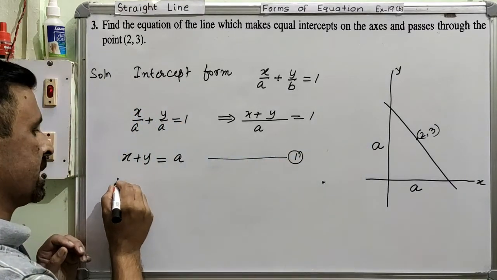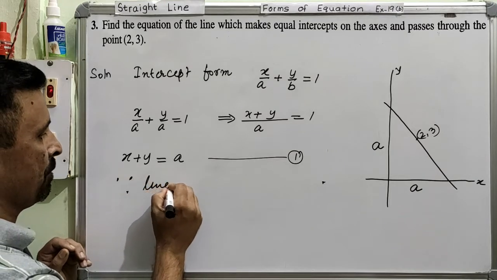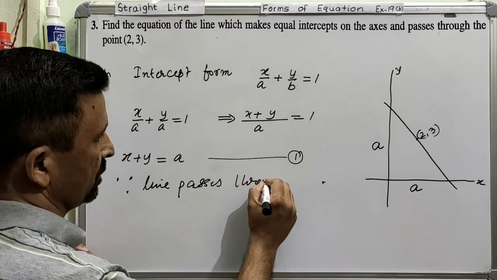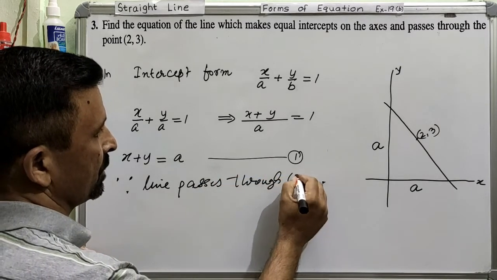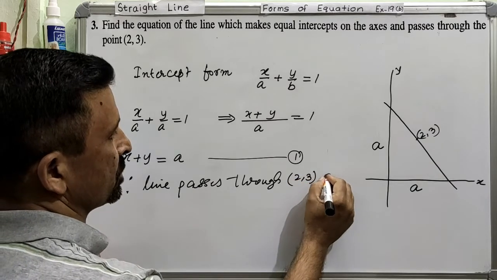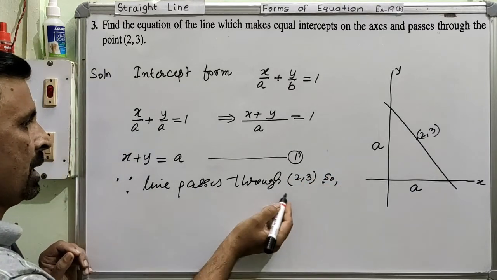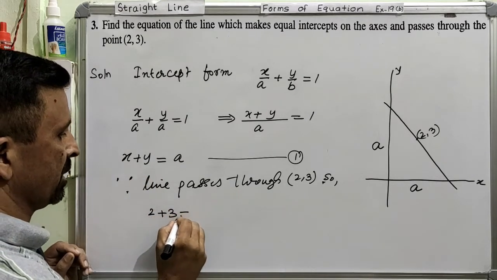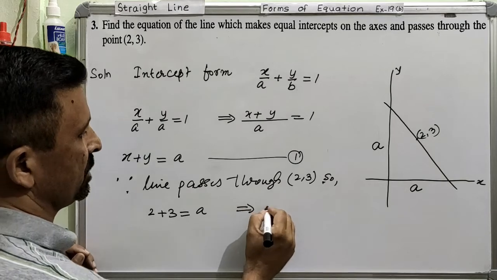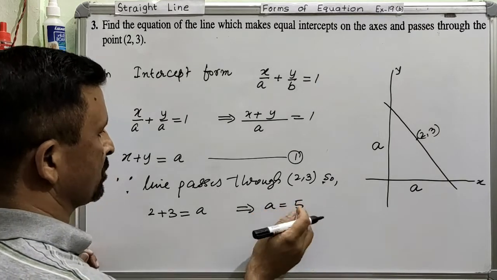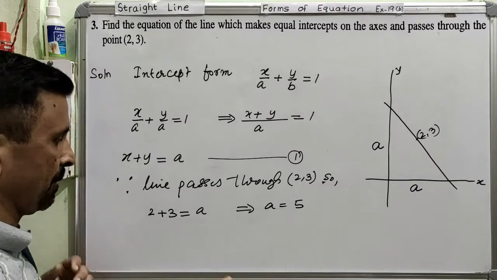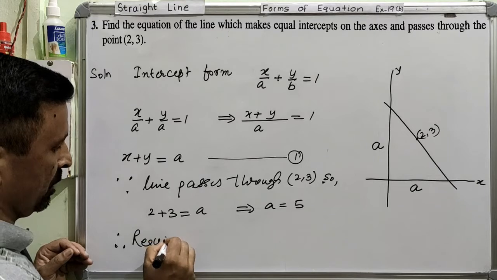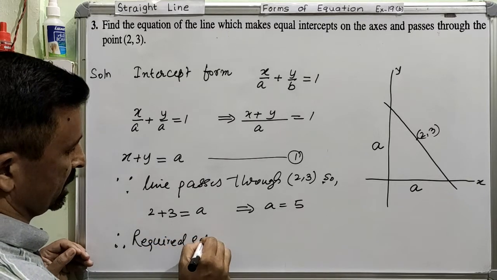Since the line passes through (2, 3), we'll use this point for x and y. So 2 plus 3 is equal to A, and this implies A is equal to 5. Just put it in this equation and you complete your equation. So therefore we'll say the required equation is what?